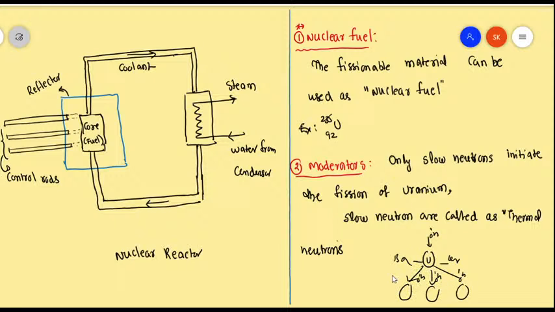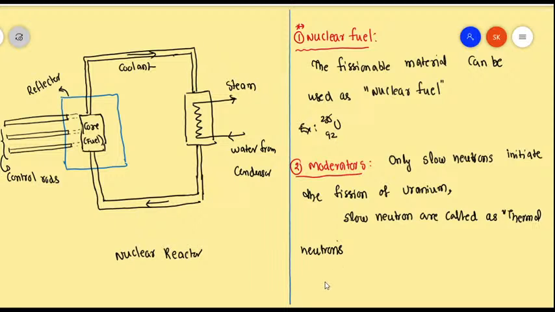By passing them through the moderators. Moderators are used to slow down the fast moving neutrons, because only slow neutrons can cause the fission.